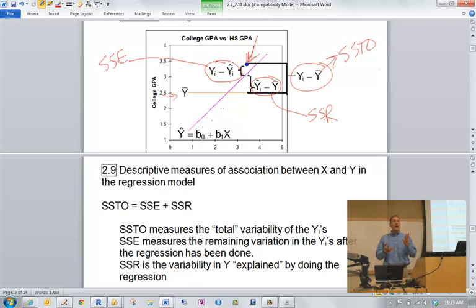Maybe look at SSR divided by SSTO, and that gives me some information about how good my model is. And in fact, if SSR was very close to SSTO, what do you think that would say about your model? It's going to be very good because that means SSE is very, very small. So thus you have very small residuals in absolute value, and thus your model is doing a very good job of predicting your sample data.